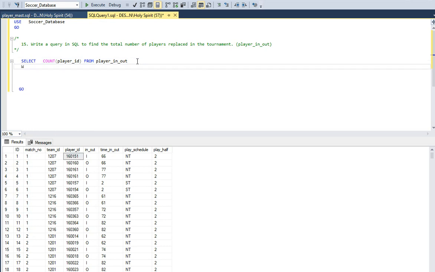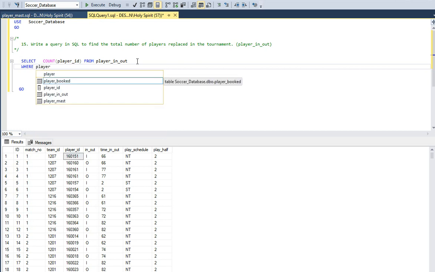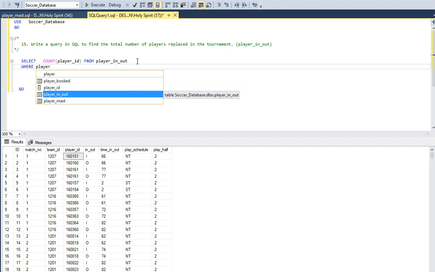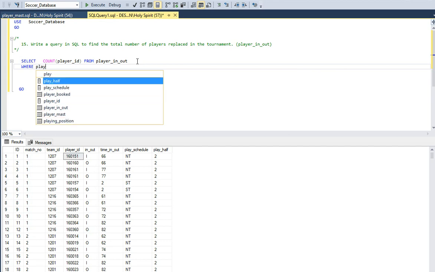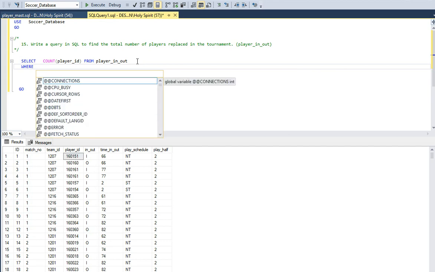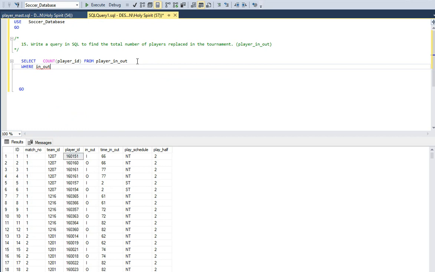Where is equals to, oh no, I'm confused.